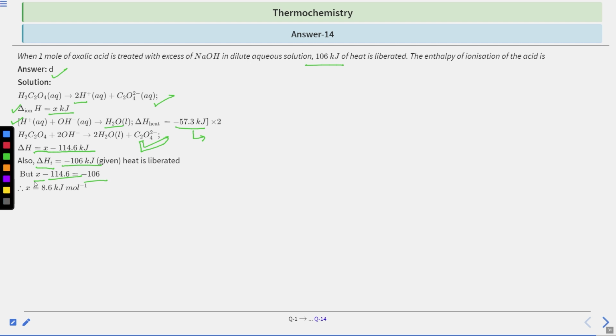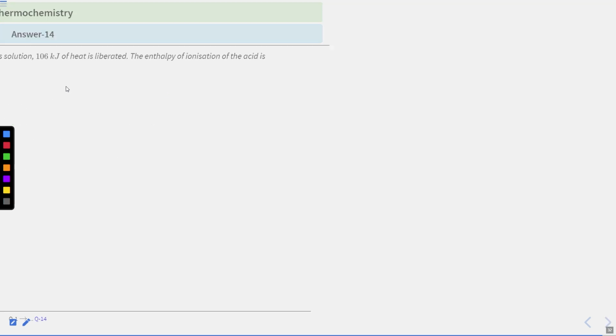So basically, X minus 114.6 equals minus 106. Okay, and by solving this equation, we have X equals 8.6 kilojoule per mole. Hence option D, that is 8.6 kilojoule per mole, is the correct answer for this question. Okay, thank you.